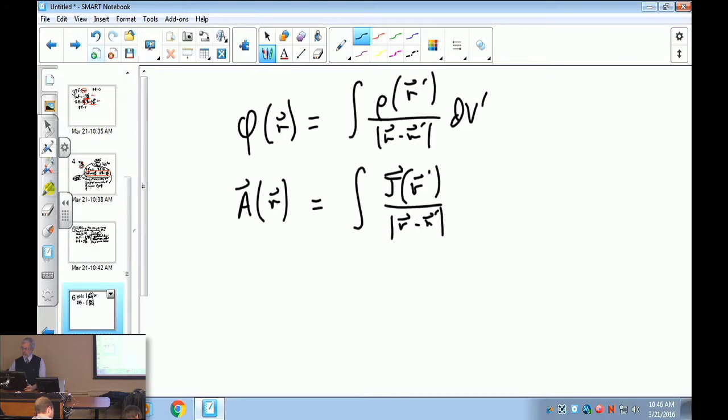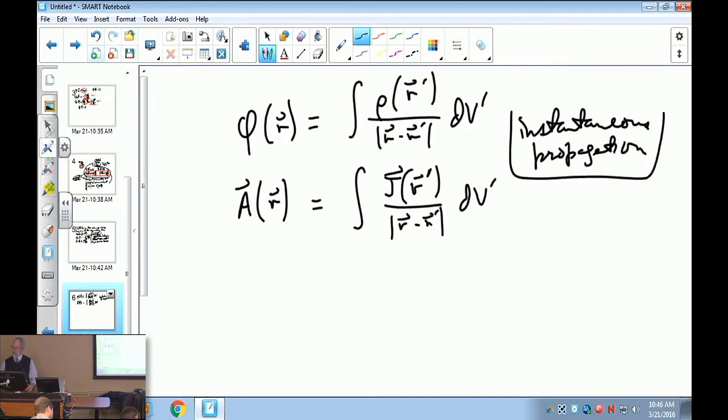And this is still true here, as long as we're neglecting the propagation time, so this is still instantaneous propagation. So if you have rho and J, you calculate from that. You can determine phi and A.